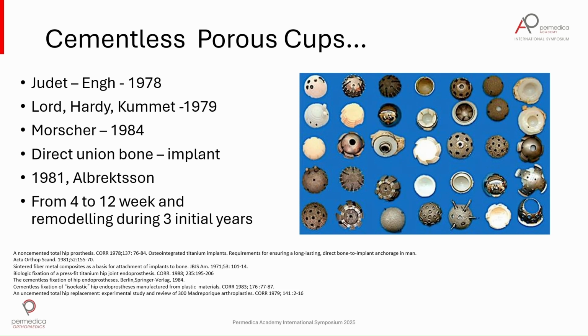And it's very interesting because the most important thing is that all were looking for the direct union of bone and implant, and Albertson found in retrieved cases that you need 4 to 12 weeks to have the initial bone interface with new bone.